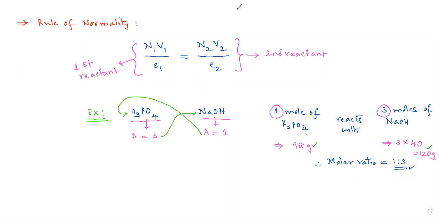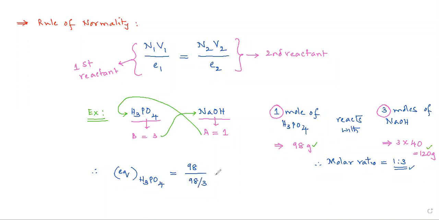Let us convert the two things into their equivalents. Therefore, the number of equivalents of phosphoric acid is the molecular weight by, of course, its equivalent weight.